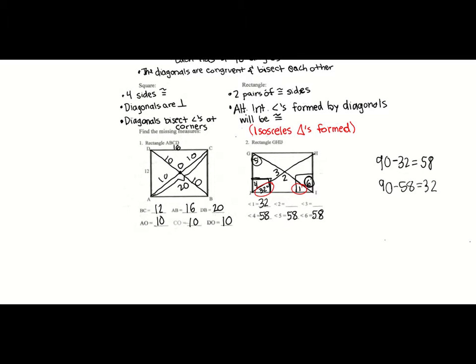If we have 180 degrees inside of our triangle, 32 plus 32 is 64. So let's write that over here. If we take 180 minus 64, that leaves us with 116 degrees for angle 2.